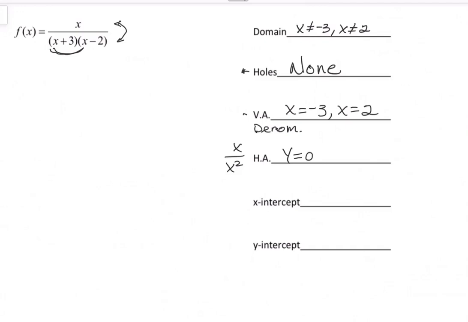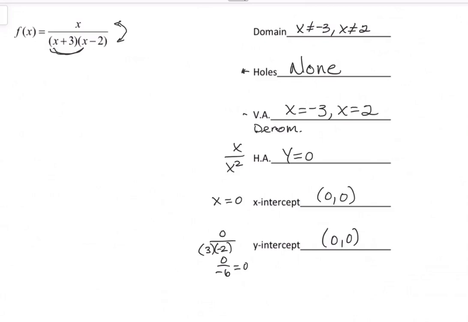For the x-intercept, I want to set my numerator equal to 0, and if I do that, I get an x-intercept of 0, 0. And for my y-intercept, if I put in 0 everywhere I see an x, I'm going to have 0 over -6, which is just 0. So my y-intercept is also 0, 0.